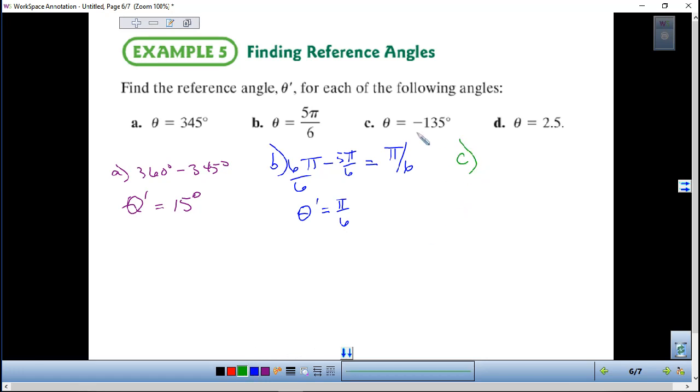Part C, I've got negative 135. So let's draw this one out. We've got our angle here. We're going to go negative 90, negative 135. So we're going to be in quadrant 3 here. And we want this angle right here. Well, we've got negative 135. How are we going to get that angle right there?